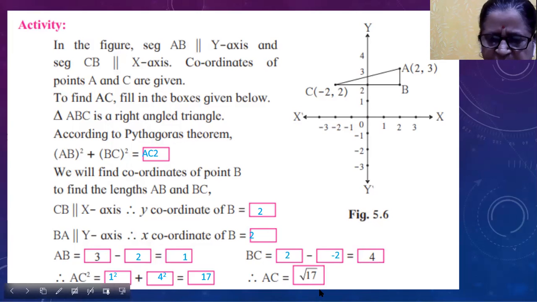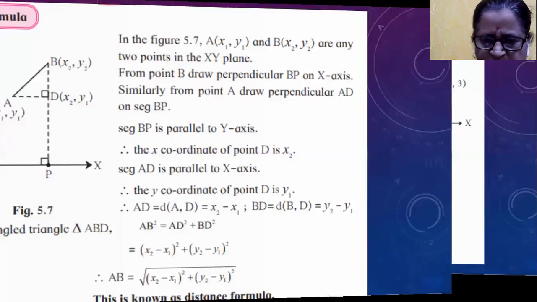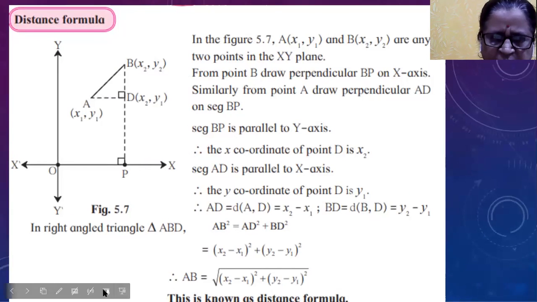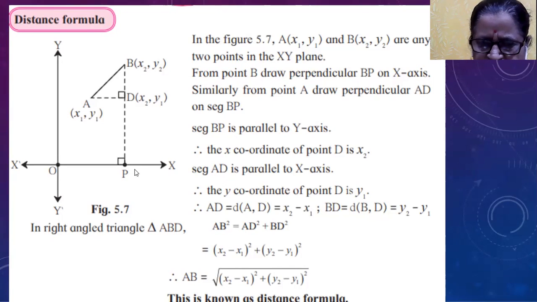On this basis, there is one formula we are going to see here, that is the distance formula. Here BP is a ray perpendicular to the x-axis, and this AD is parallel to the x-axis. BP is parallel to the y-axis, and this is perpendicular to the x-axis.